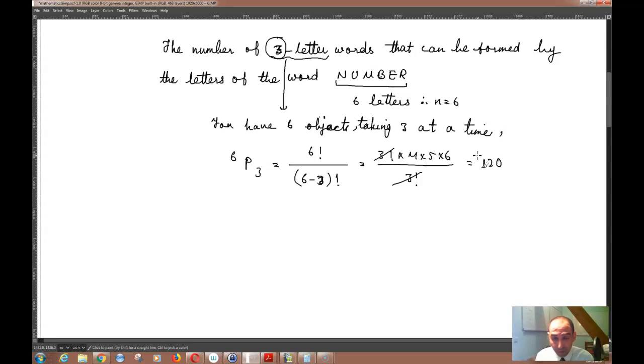And of course, in this case, I suppose you know that repetition is not allowed.